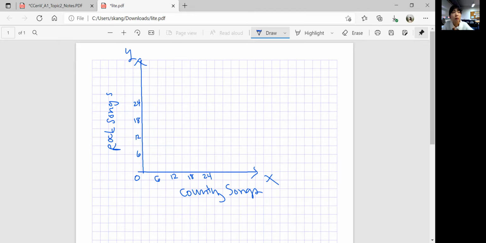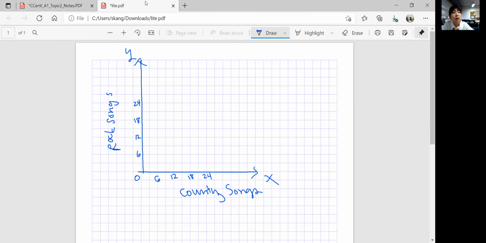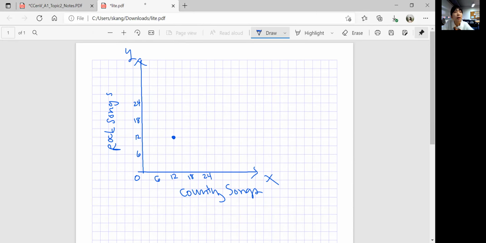What was the problem? Part B, plot these combinations on graph paper. So let's plot 12 country and 12 rock, or 16 country and 8 rock. 12 country and 12 rock, that would be this point, 12, 12. And 16 country and 8 rock.